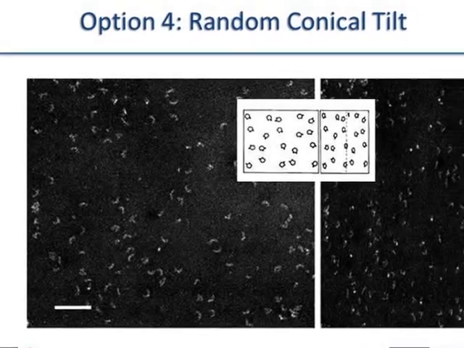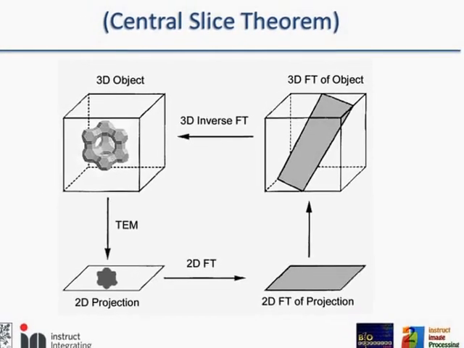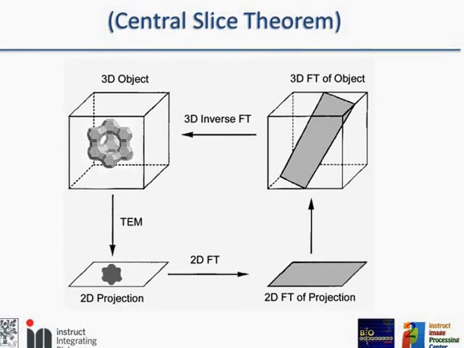This random conical tilt is based on the central slice theorem. The central slice theorem tells you that if you have an object in 3D that you want to reconstruct, and you take a projection out of it, this would be the experimental projection that you get in the microscope, and you compute the 2D Fourier transform of this image, then you are in Fourier space with a 2D function.